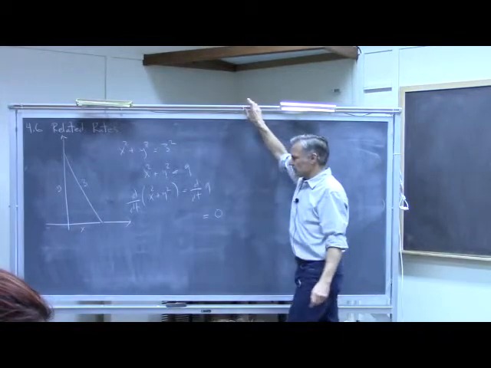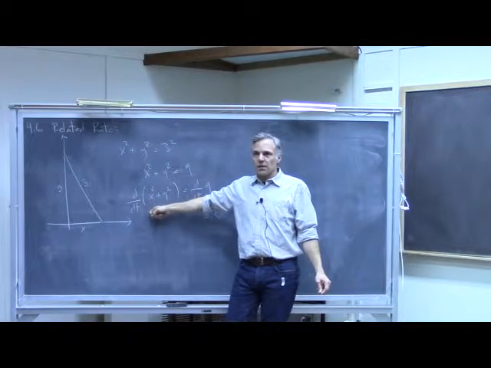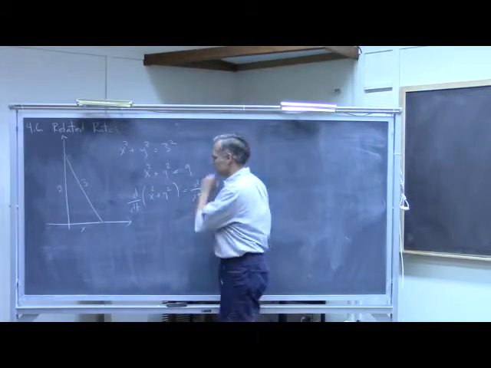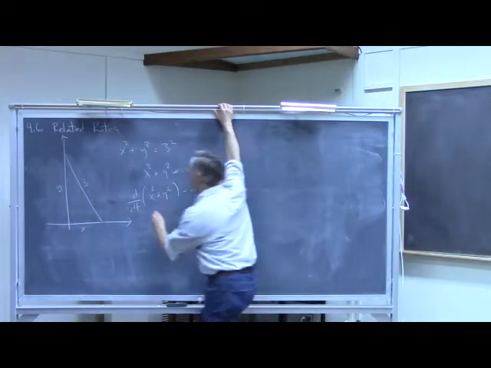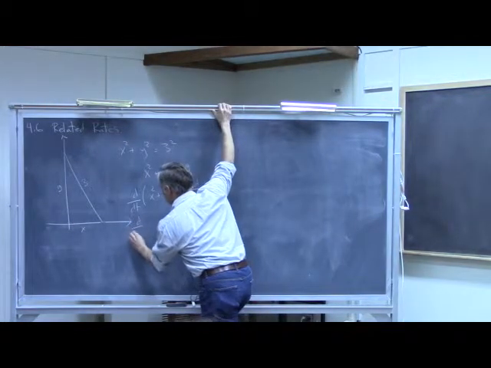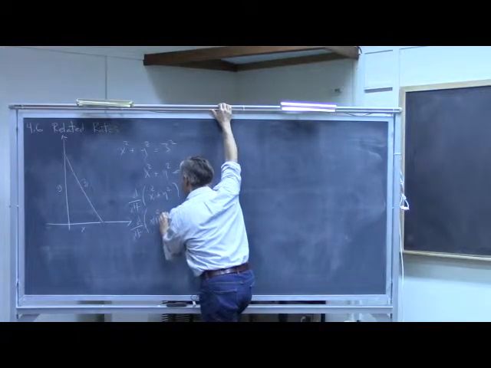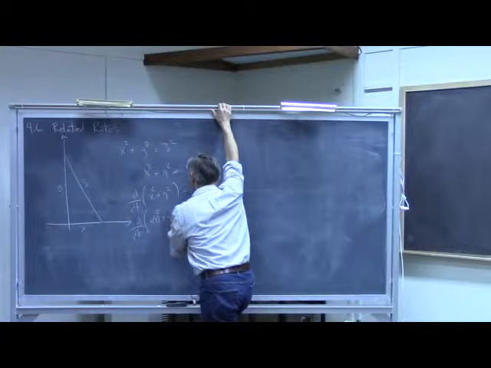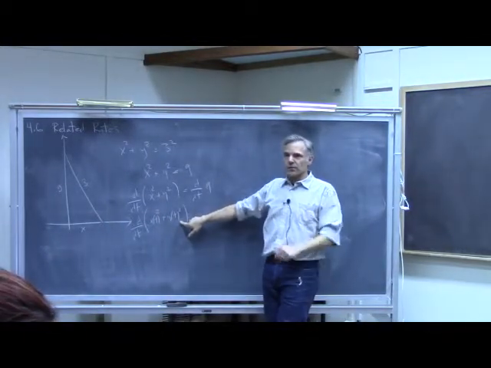All right. So what's the derivative of x squared with respect to t? If I wanted, I could write it like this to remind myself that x is a function of t.